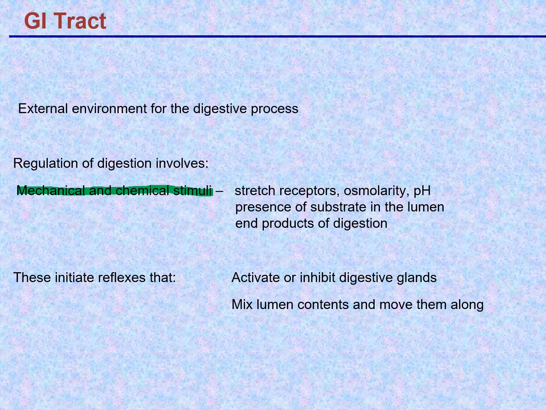There are also changes in osmolarity when different materials are ingested, and changes in pH due to presence of material, and that's what's meant by substrate. Any material within the space of the GI tract will cause a change in pH. And there are end products of digestion which will also result in a regulation of the whole process.